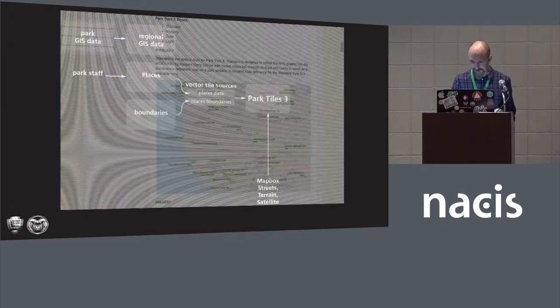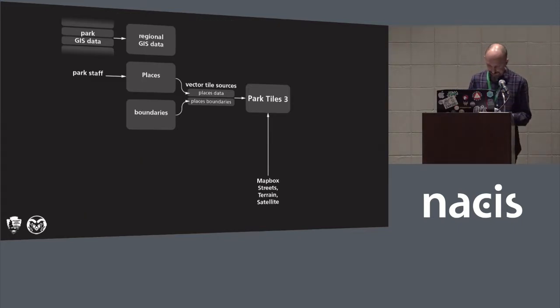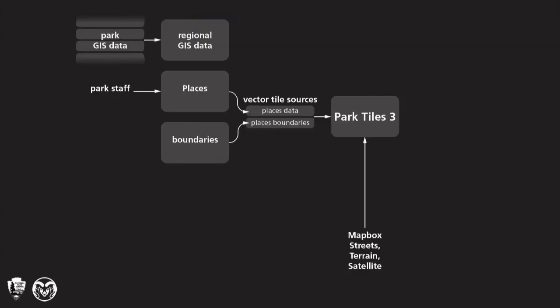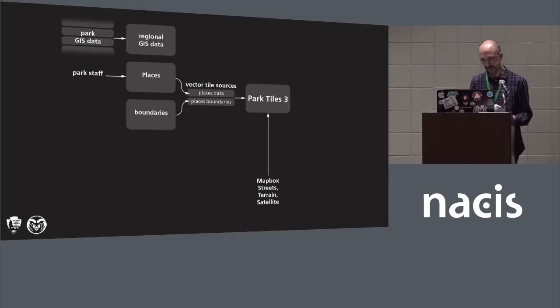But the problem with that was this data system that we were building was disconnected from any sort of enterprise system because that enterprise system was still being developed. So if we had a GIS data manager at a park finding an error in a trail name, a misspelling, or something that needed a revision, if they made those edits to their GIS system, there wasn't a seamless way to crosswalk that data back into our system.